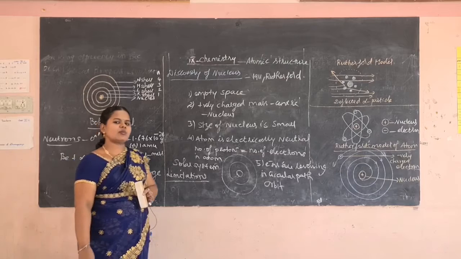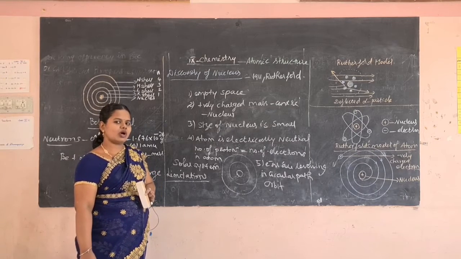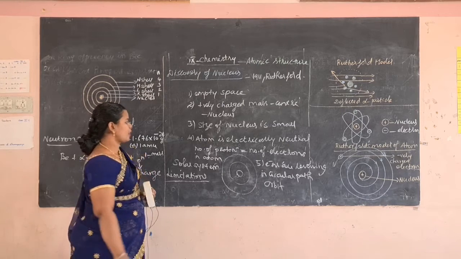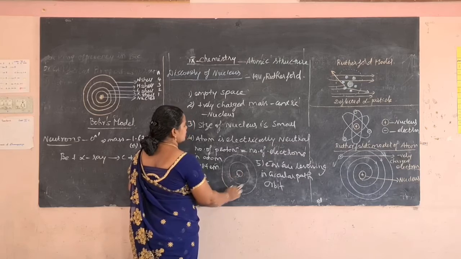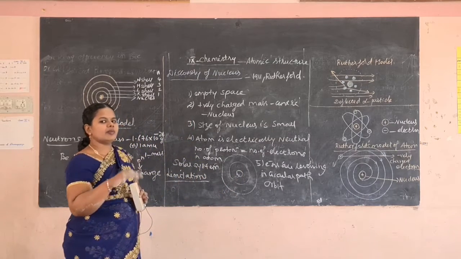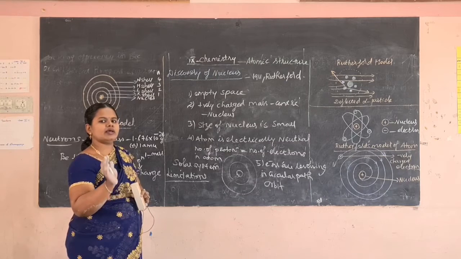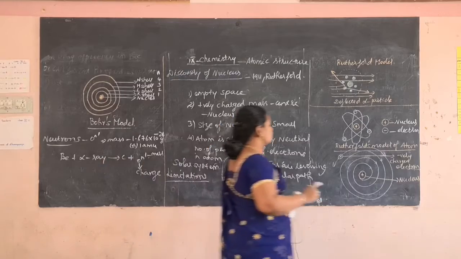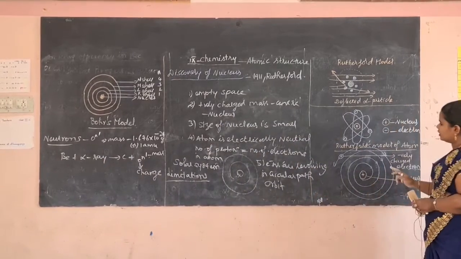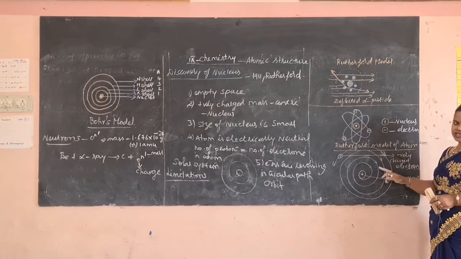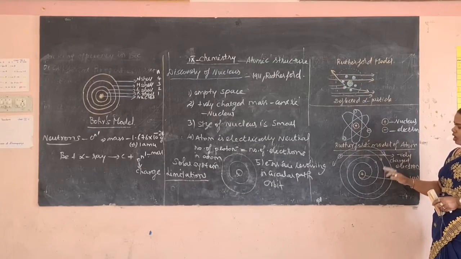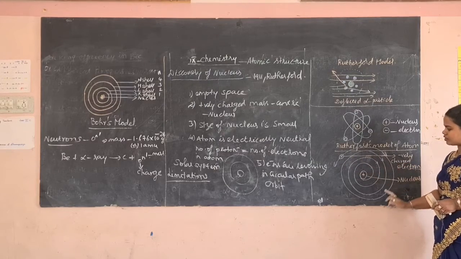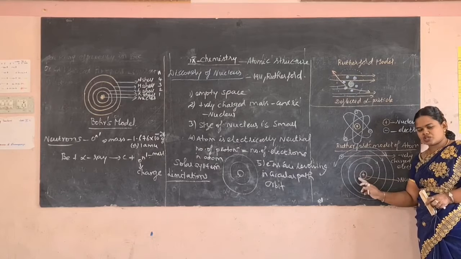According to electromagnetic theory, an electron that is revolving around the nucleus must accelerate and lose energy. When it loses energy, it becomes tired, and the electron must fall into the positive charge.